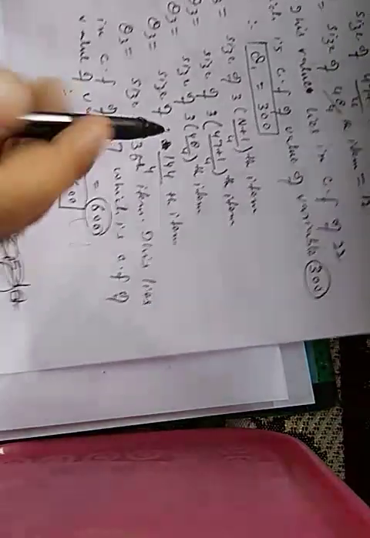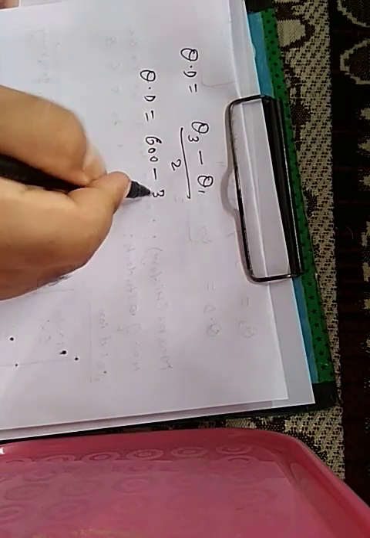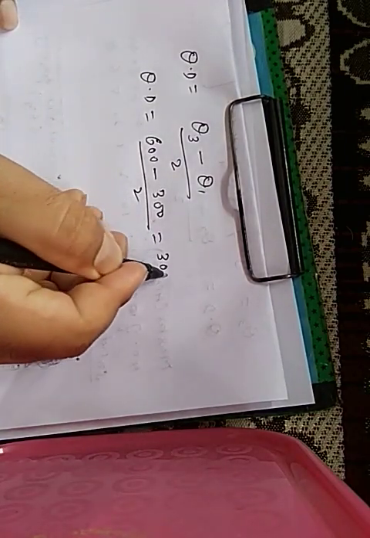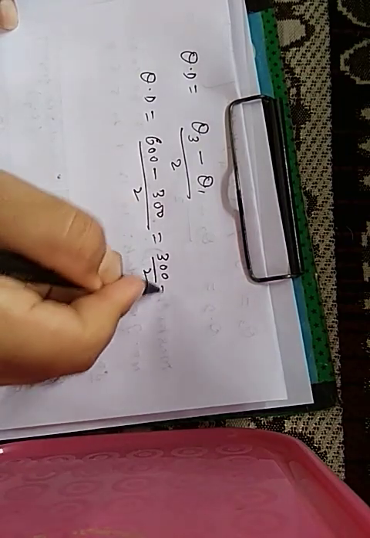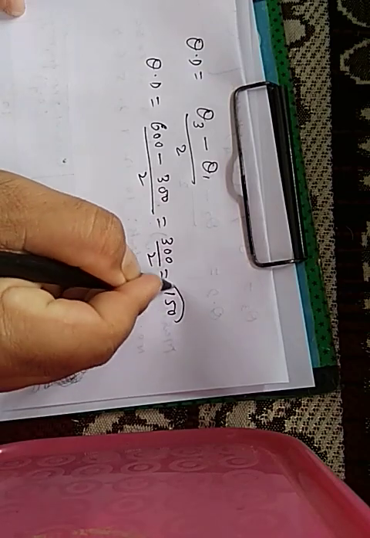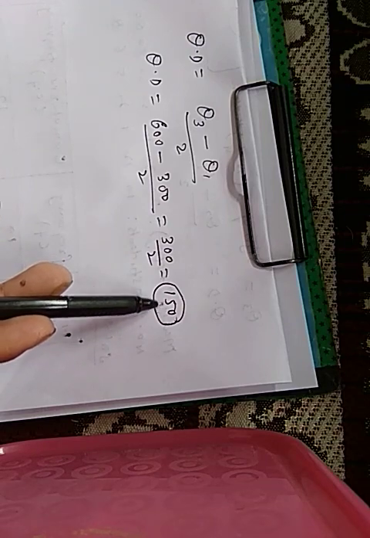So 600 minus 300 divided by 2 is 300 divided by 2, which is equal to 150. This is the value of quartile deviation, equal to 150.